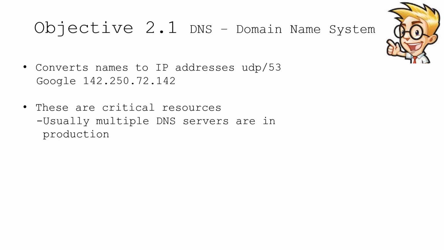DNS commonly uses UDP port 53 to make this connection between you and the DNS server. These are obviously very critical resources because we couldn't use the internet or browse to a site without knowing the address name.